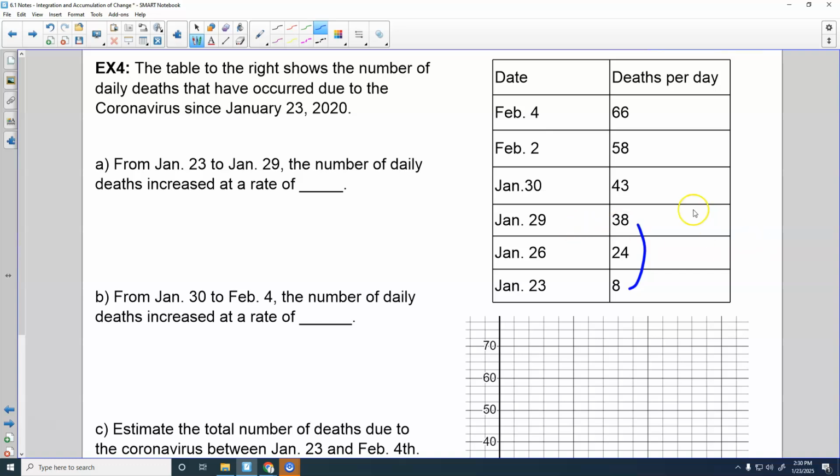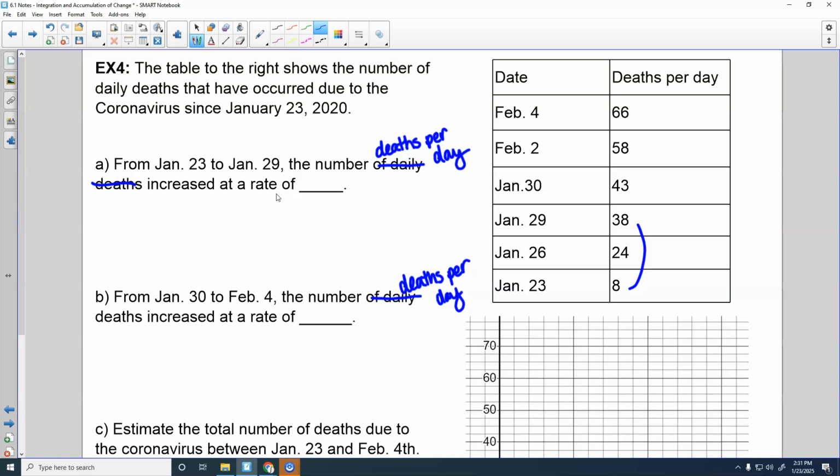Let me change the way it's written: the number of deaths per day. This is probably something I fixed last year and didn't save the work. I'll probably forget to do it again this year. So, deaths per day. From January 23rd to January 29th, we're looking at the rate that it increased.